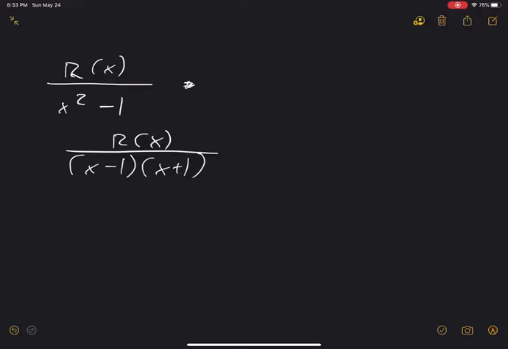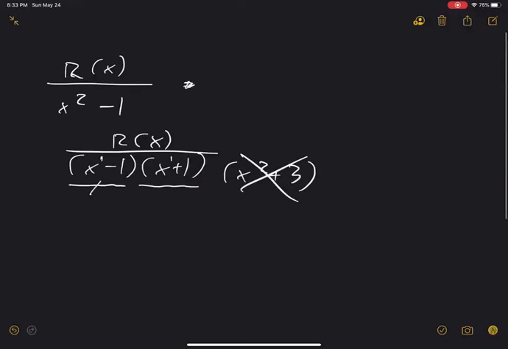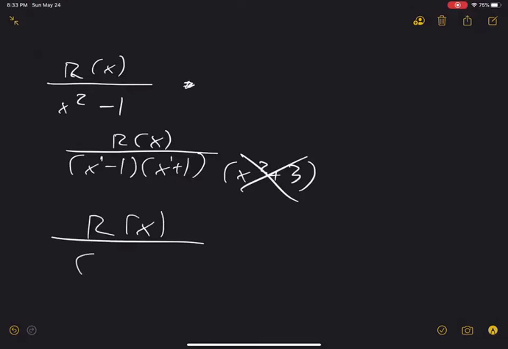So distinct linear factors, what does that mean? It means both of these things are linear, meaning the largest power of x is 1. The power here is 1, the power here is 1. So I don't have any factors like x squared plus 3. The largest power of my factors is 1. And I don't have any repeats, meaning I do not have (x minus 1)(x plus 3)(x minus 1).